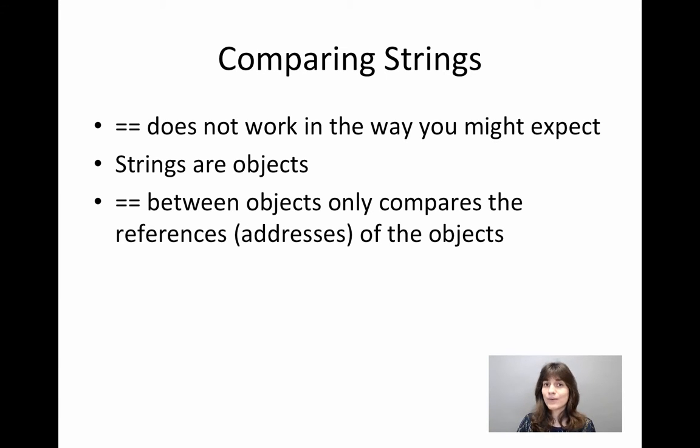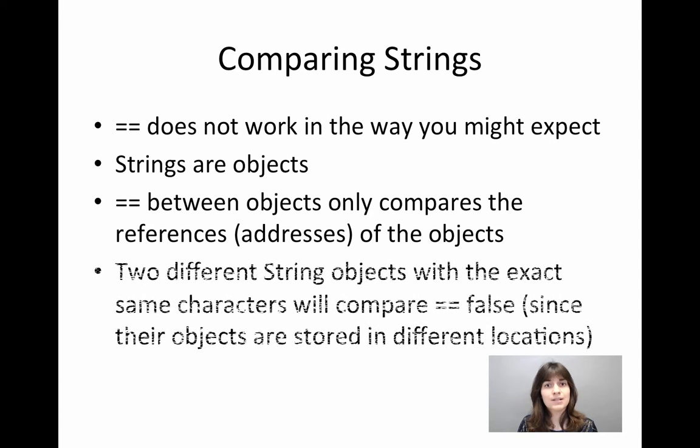Y will have a different value, again the memory address where its own object is stored. Unless x and y are actually referencing exactly the same object, even if the values of the objects are the same, equals equals will return false, because the objects will be different.